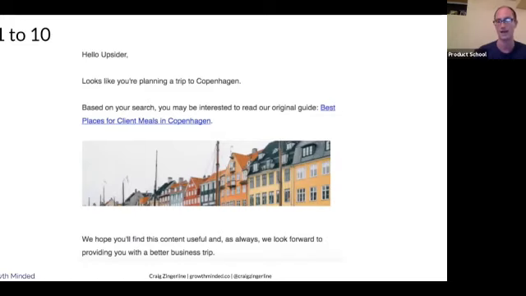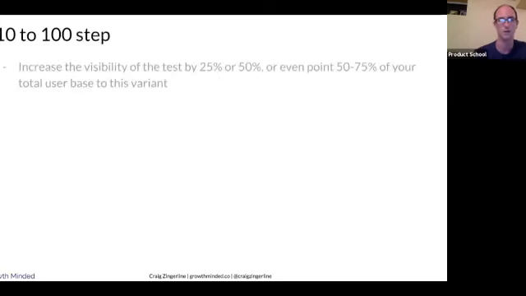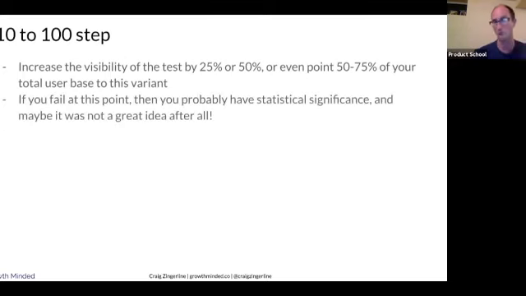And again, here we proved out that it worked. So at that point, we took that test and started sending it to almost everybody. What we learned is that, hey, this works. It's not a detractor. We let that 1 to 10 stage run for a few weeks. We got to some level of statistical significance.